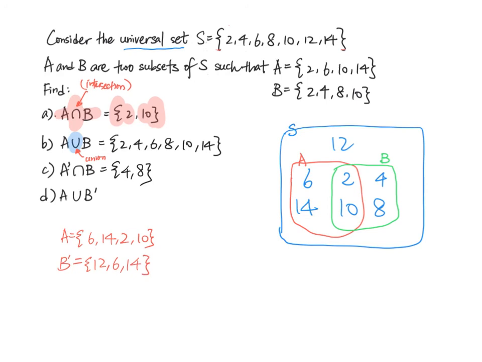And so the union means we take everything. So the answer would be 2, 6, 10, 12, and 14. That's all.